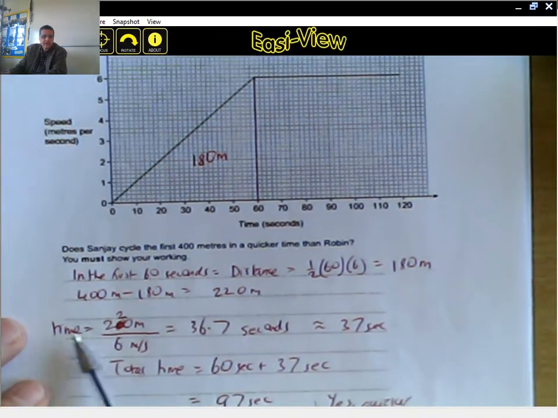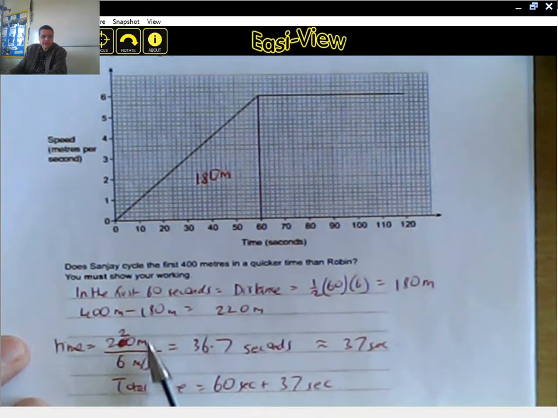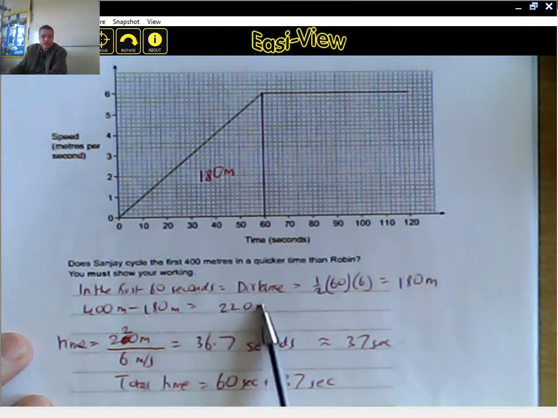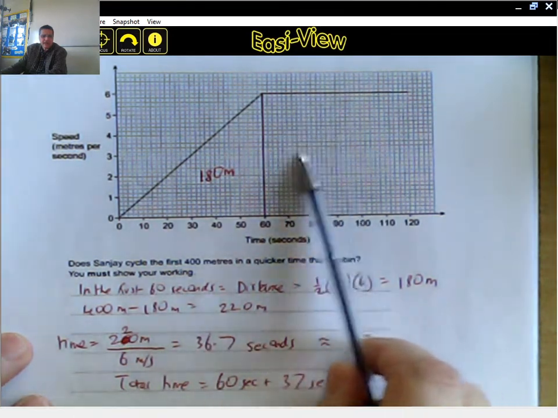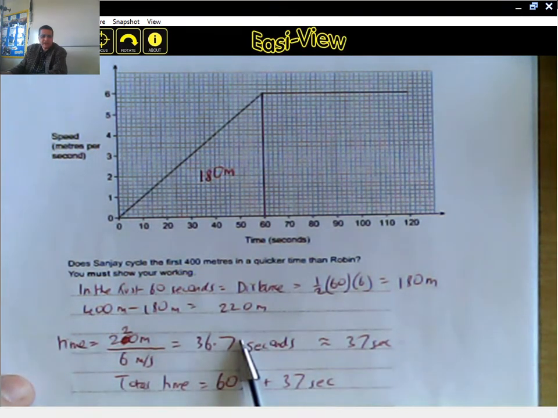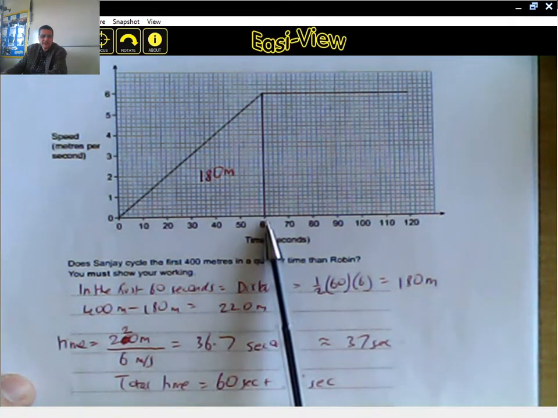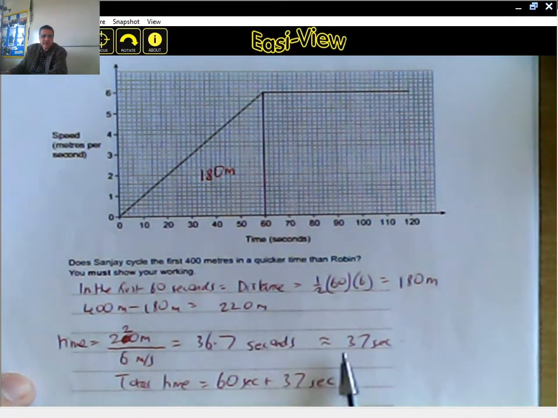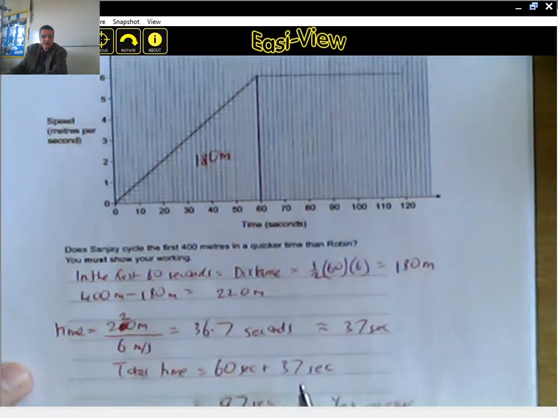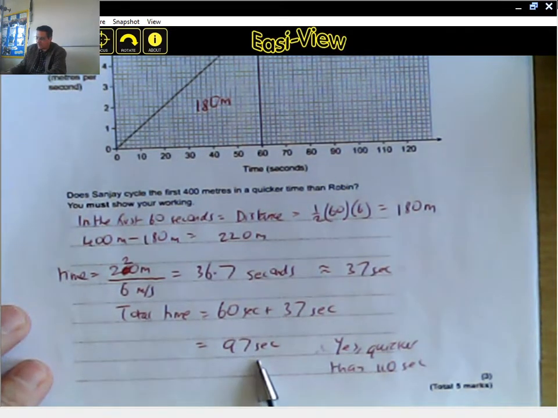So if I take my time, which is going to be distance over speed, if I divide my 220, the remaining distance that's represented by a region here, by my speed, I've got 36.7 seconds. So he's done 60 seconds so far, plus an extra 36.7 seconds in this region here. That comes to 97 seconds.